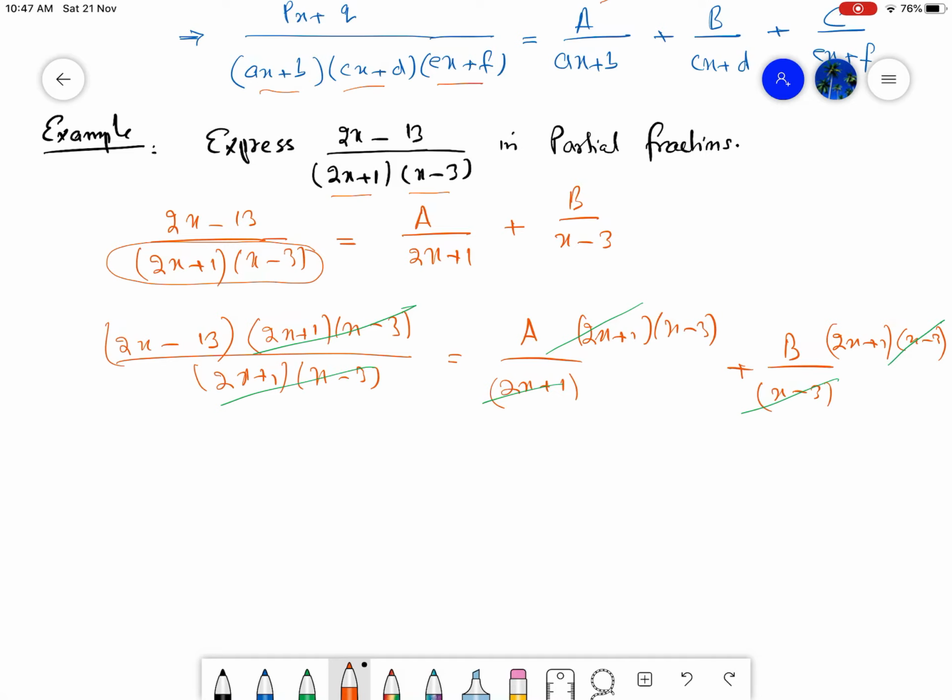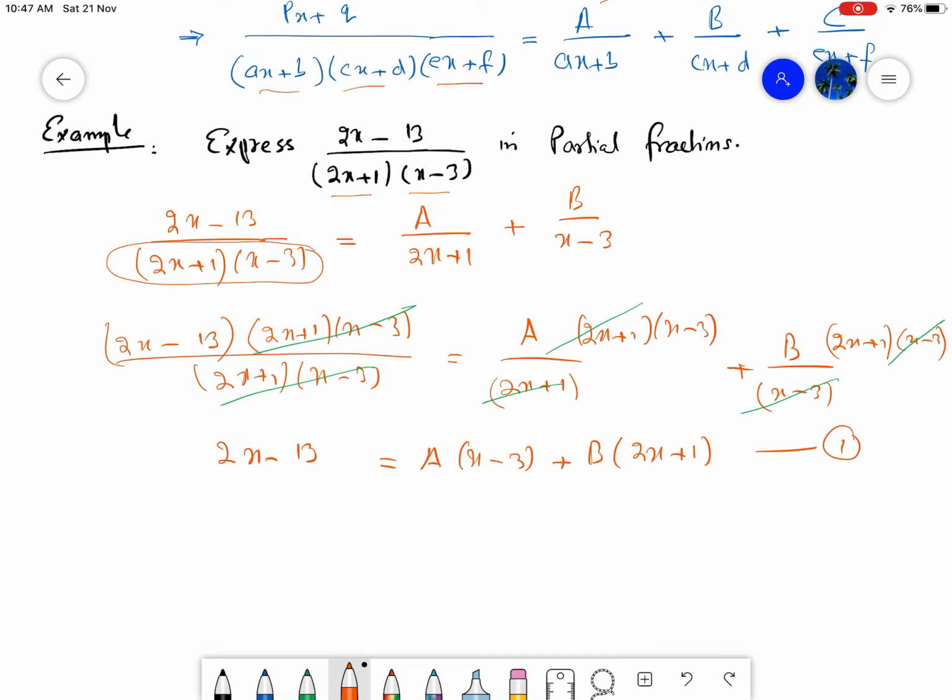So we're left with 2x minus 13 is equal to A(x minus 3) plus B(2x plus 1). Let's say this is our equation 1. I've just performed these steps; it is easy to understand anyhow, you know all these procedures.